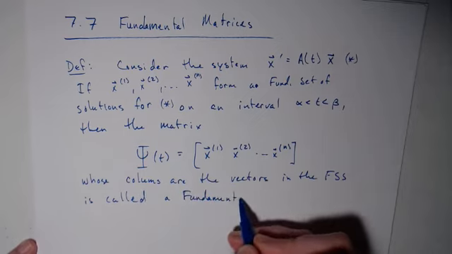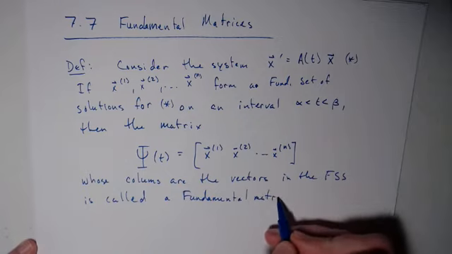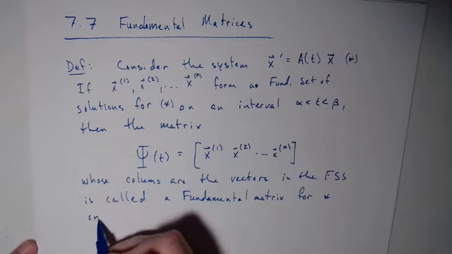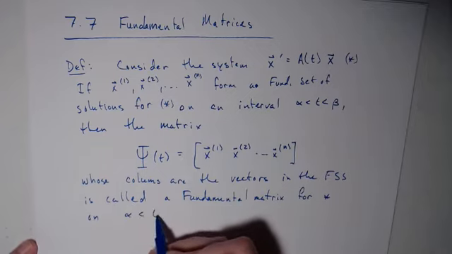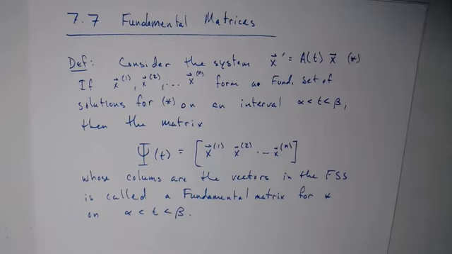I like it when things are named in a way that makes sense. For star on our interval, because our solutions were only defined on that interval. So if you already had your solutions, writing a fundamental matrix is really no big deal. You just slap them in there.